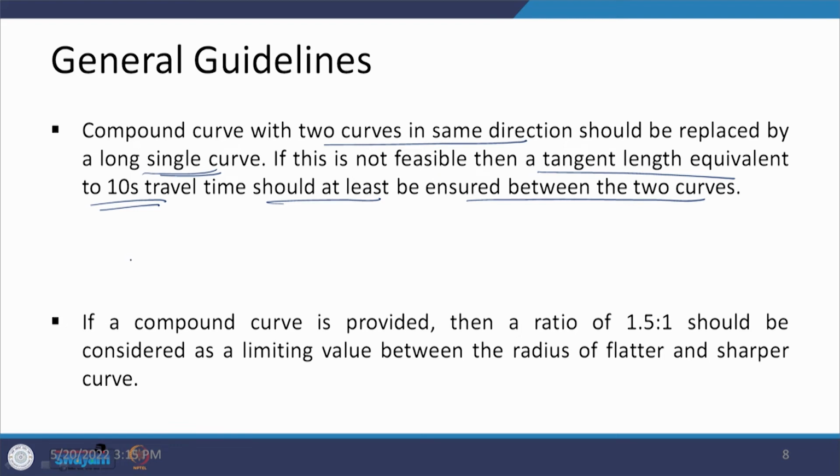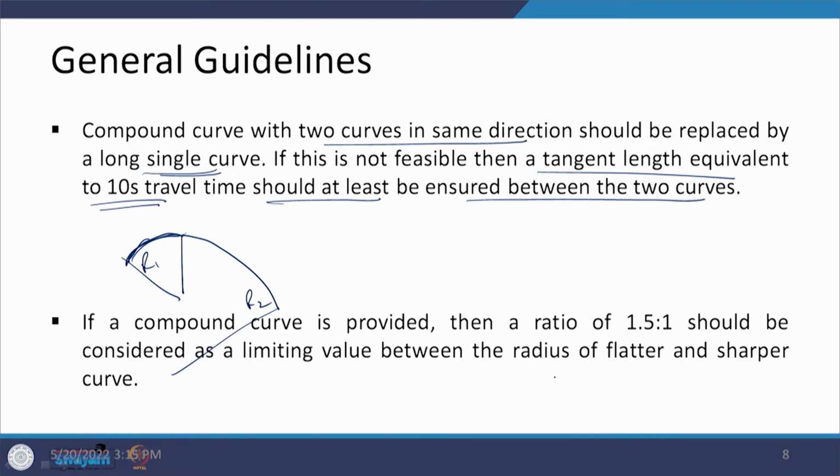So, we have a curve like this, and then this curve is changing in this form. So, I have a curve in this one, and then the radius of the other one is, say, a big one.